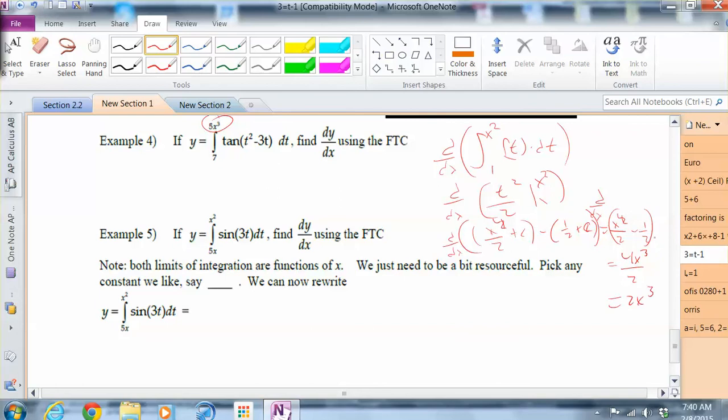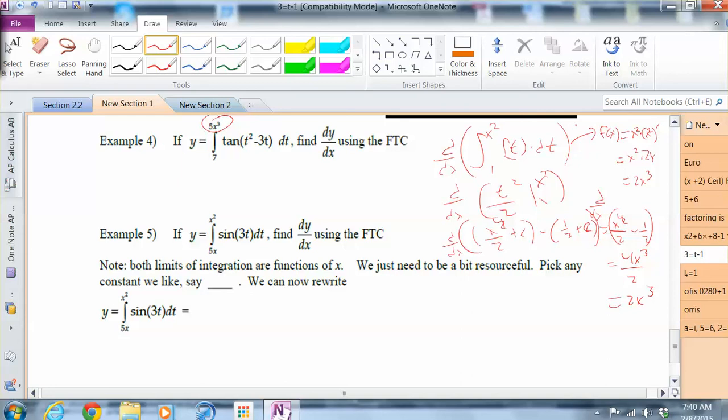So it seems as if I have to replace the t with x squared. So in this case, instead of saying that f of x equals x, f of x will equal x squared. But it also seems as if I'm multiplying it by the derivative of x squared. So x squared times 2x, or 2x cubed.